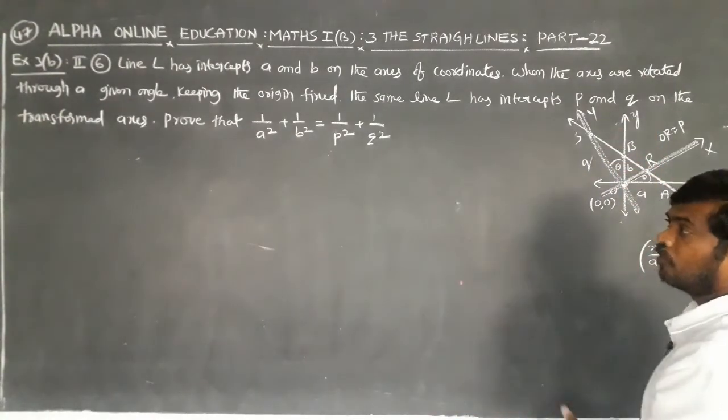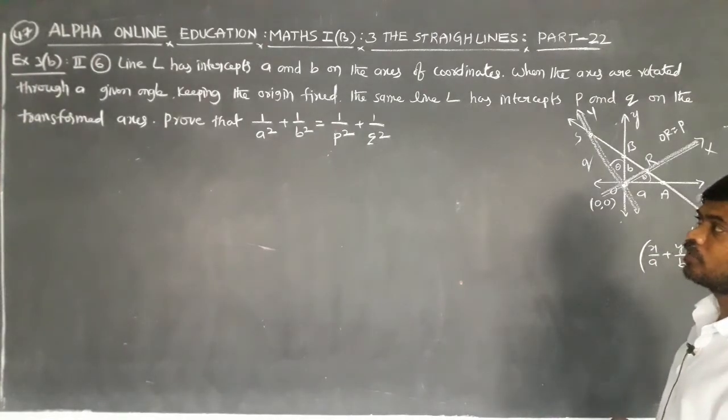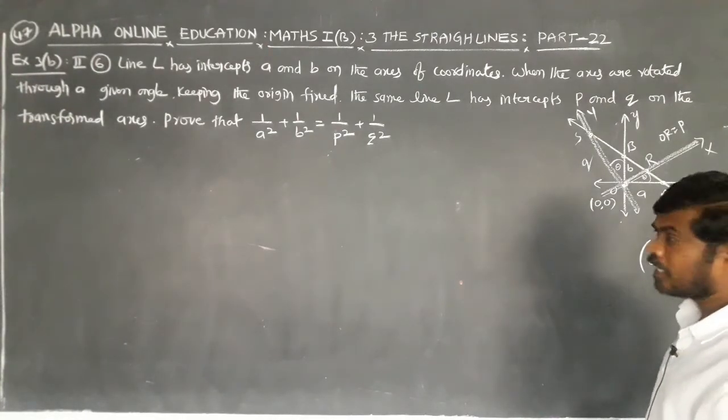Then prove that 1 by a square plus 1 by b square is equal to 1 by p square plus 1 by q square.